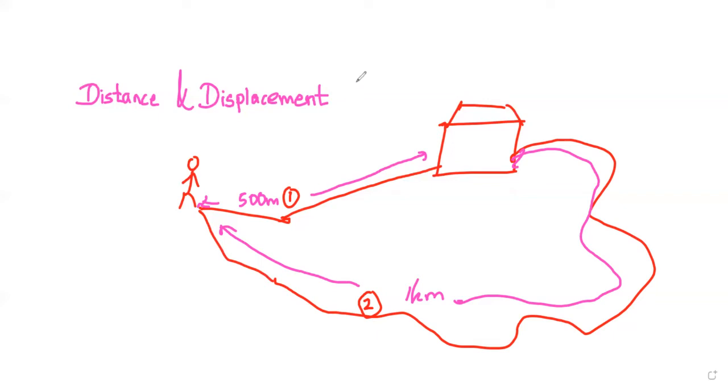In the next scenario, once you finish school, we are very tired of studying heavy subjects like physics. So we are going to come back by the shortest path, which is 500 meters. What's the total distance you have covered that day?